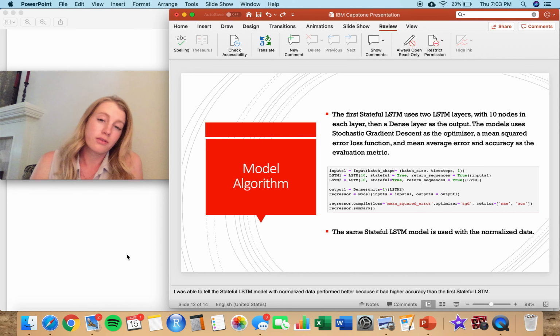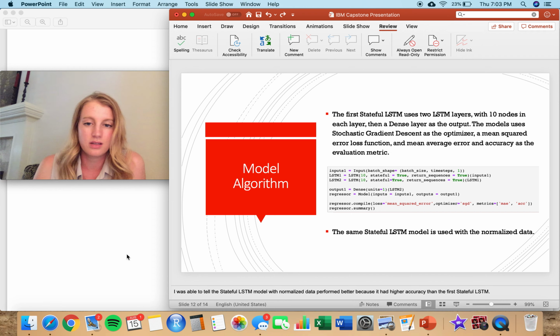The first stateful LSTM uses 2 LSTM layers with 10 nodes in each layer, then a dense layer as the output. The models use stochastic gradient descent as an optimizer, a mean squared error loss function, and mean absolute error and accuracy as the evaluation metrics.